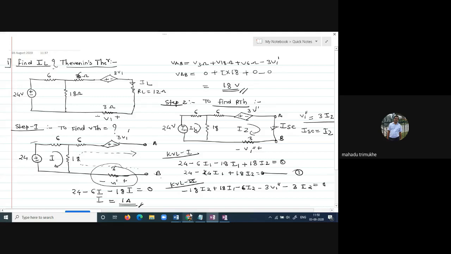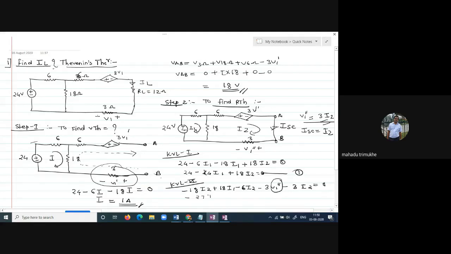Here we have already calculated V double dash. V double dash is nothing but what? That is 3 I2. You have to put that in the equation, and then simplify this equation.